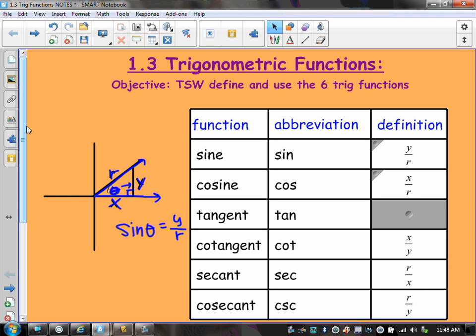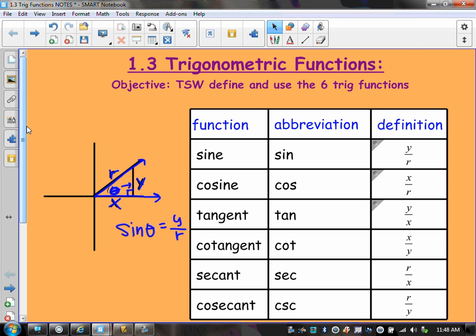You would end up getting X over R. The last one is tangent, TOA, opposite over adjacent. Which side is opposite? Which side is adjacent? You would get the ratio Y over X.